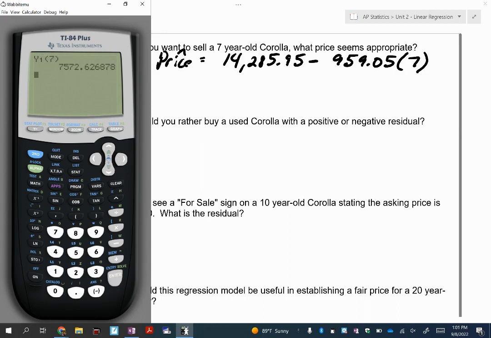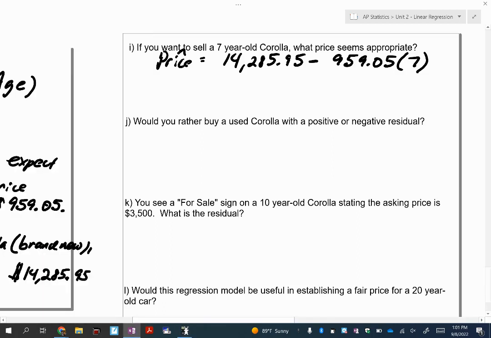So $7,572.63. The price hat here shows it's predicted; I'm not saying it's actually going to cost that. If you forget to store it, you just type in all this stuff and times 7. It's not a huge time saver, just something cool the calculator can do.